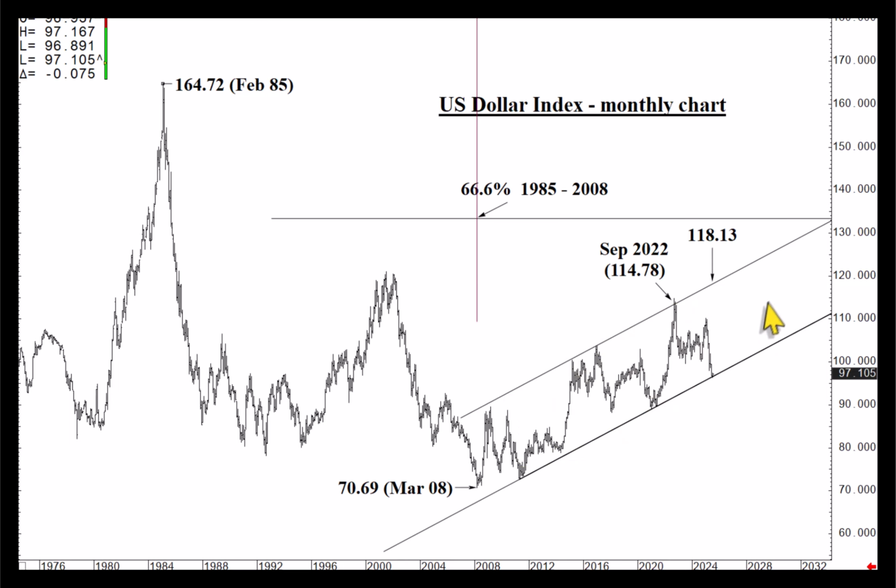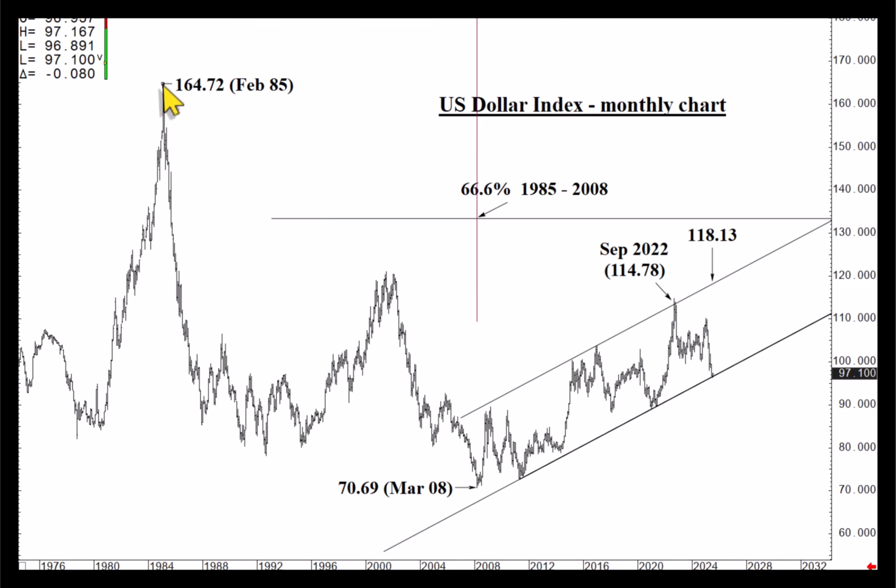But the point I'm making is that at that time there was a beautiful convergence of two significant structures. One being the rising channel top, 114.78, but the other was a descending two-thirds speed line. And in that video, and I'll do it very briefly in this one, it was an instruction on how to create speed lines.